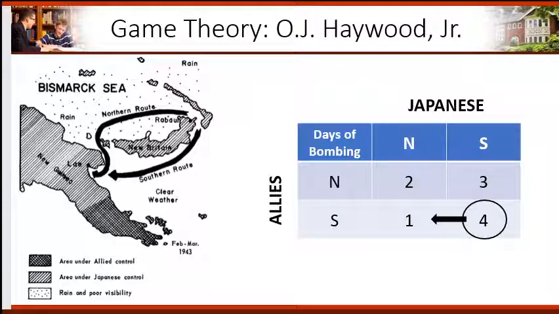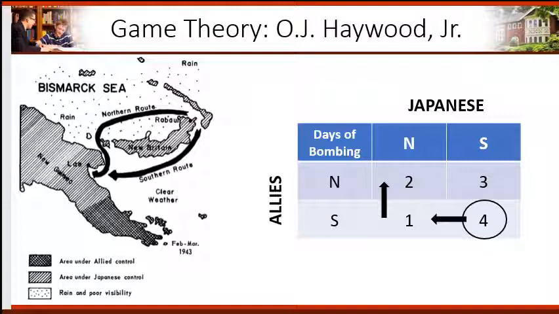So now the question is whether the Allies can better respond to that. So again, if we fix Japan's strategy at north, and we look in that left-hand column of the matrix, we can see what the best strategy for the Allies is. And that is, of course, to best respond with north. By doing that, the Allies get 2 days rather than 1 day of bombing. Okay, and now we can again go back to the Japanese.